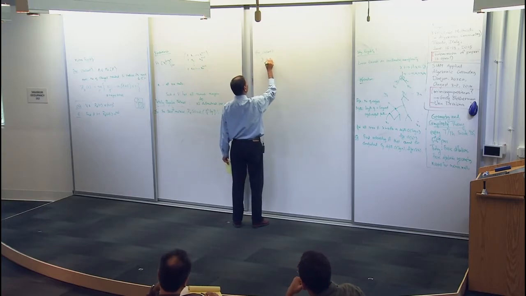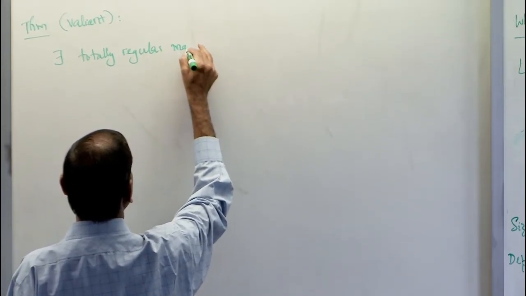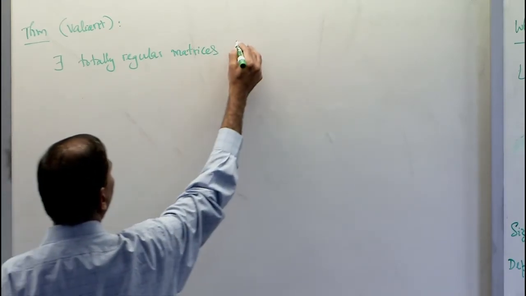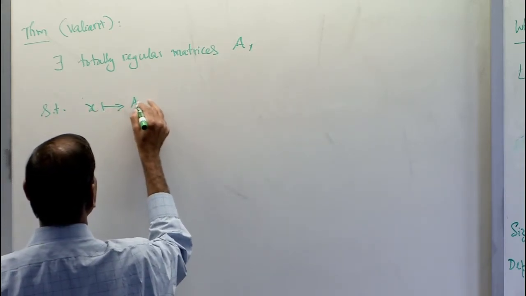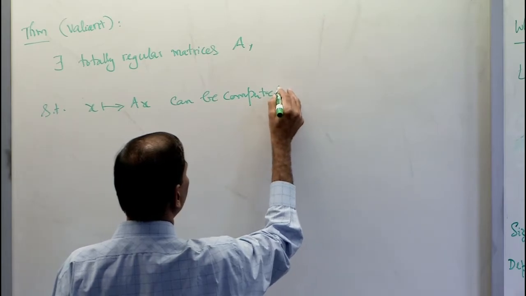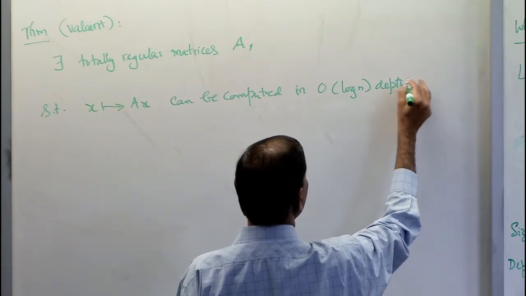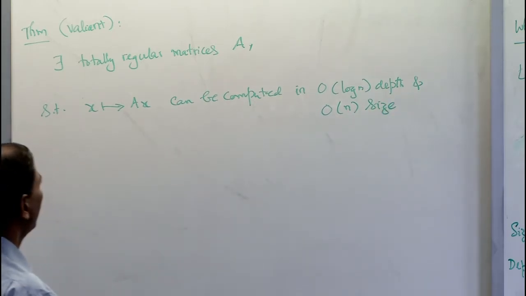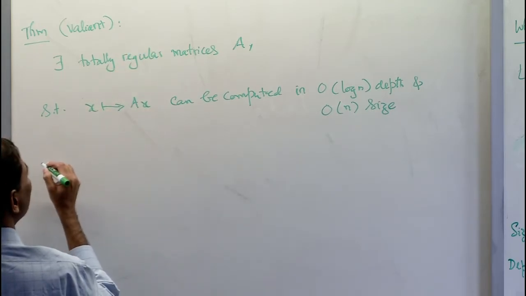There exist totally regular matrices A such that AX can be computed in log depth and linear size, which is in some sense bad news if you want to prove lower bounds, but good news when you want to compute linear transformations.